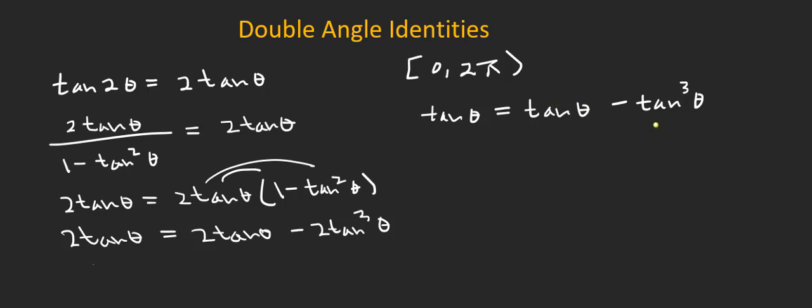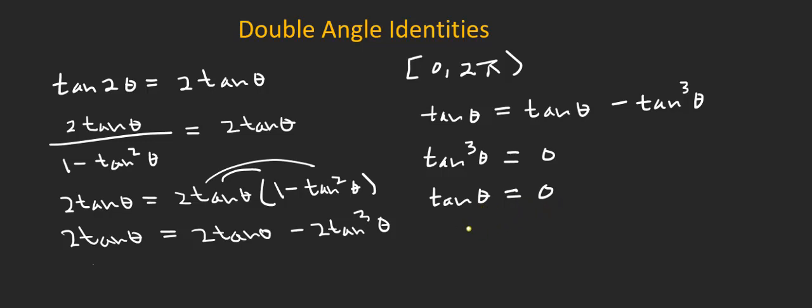And then what I'm going to do is move negative tangent cubed theta to the other side. And subtract tangent theta from both sides, you will get 0. So take the cube root of both sides, you will get tangent theta equals the cube root of 0, which is 0. Now, tangent theta of what is 0?